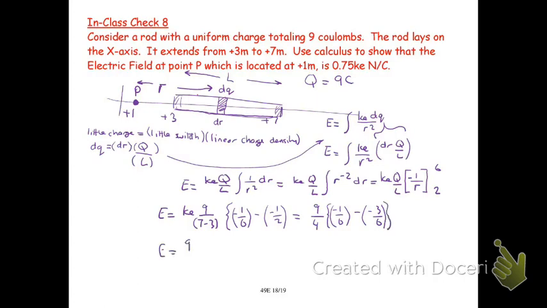E is going to be 9 over 4, should be KE up there, 9 over 4. -1 minus 3 is -1 plus 3, which is plus 2 over 6 KE. So that's going to be 18 over 24 KE, which equals 3 over 4, which equals 0.75 KE newtons per coulomb.